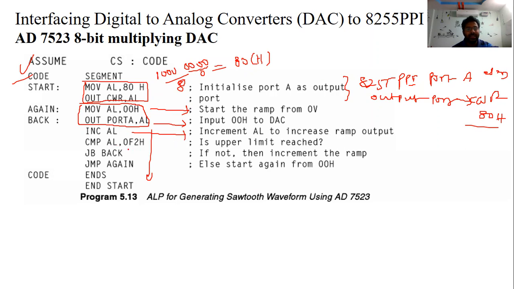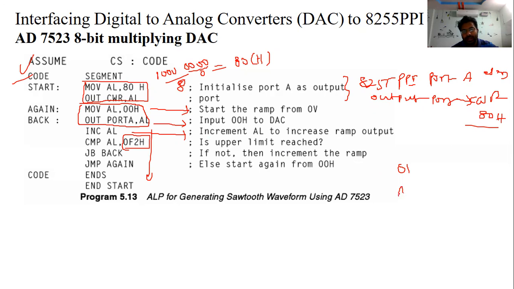You can compare AL to 0F2H. What is the value of AL right now? AL is 0, 0 right now. You increment it, so AL is 0, 1.